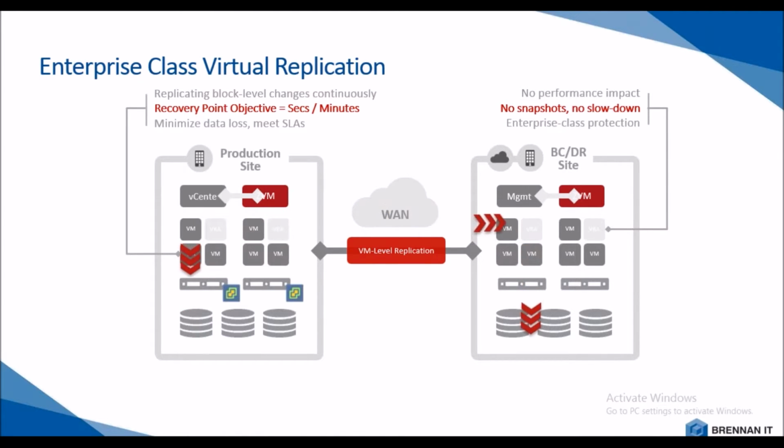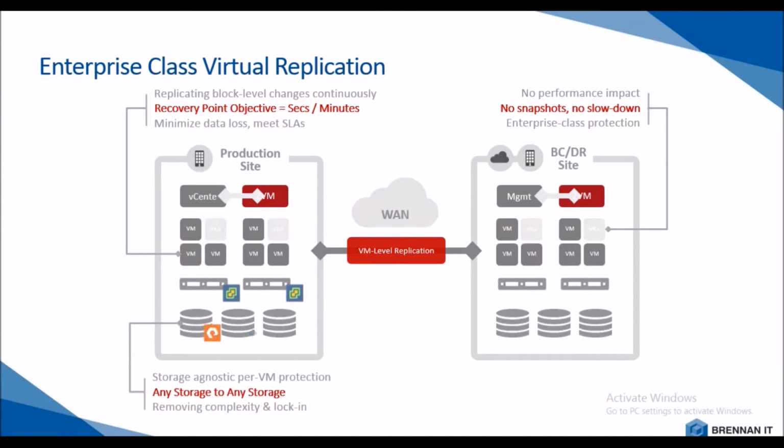So as those block level changes are being replicated from the production VMs down to its own local storage and across the LAN to the backup sites, because it's using continuous replication, there's no snapshots, there's no slowdown in production platform performance. That's what we mean by enterprise class virtual replication. That's available to medium-sized businesses today. So that happens continuously, with very little downtime. It's also storage agnostic.